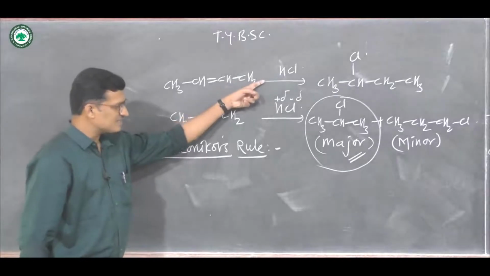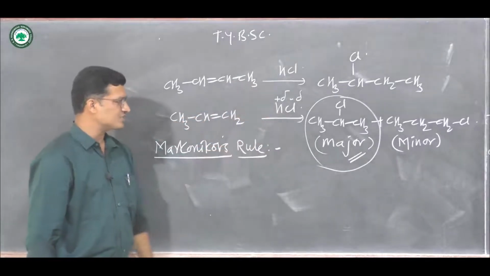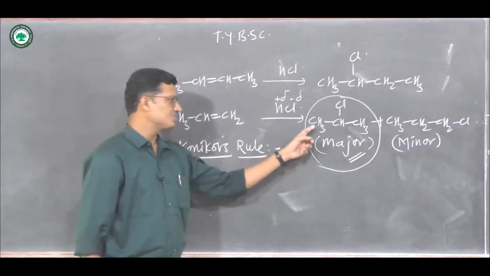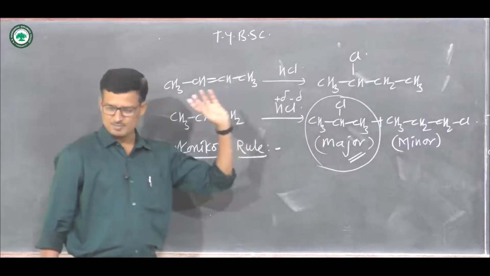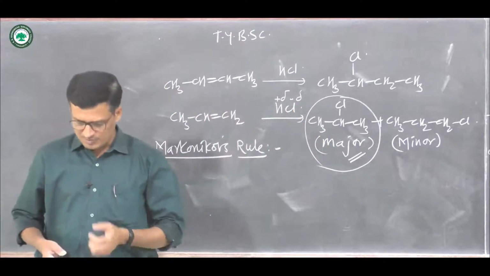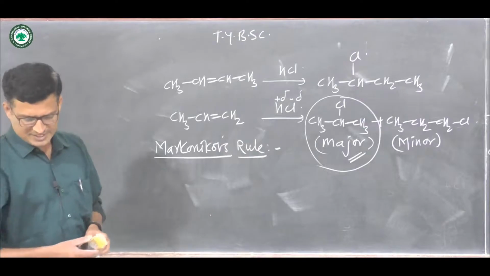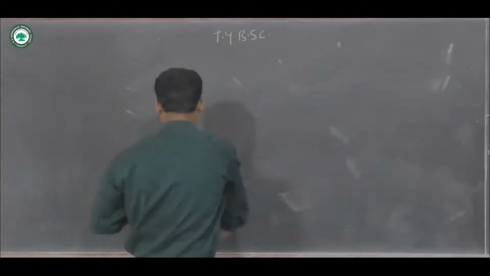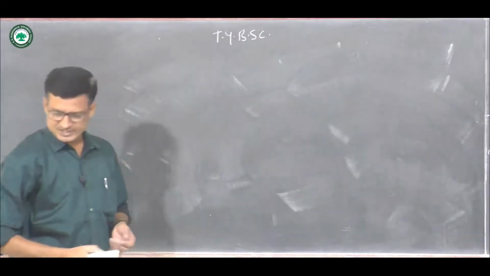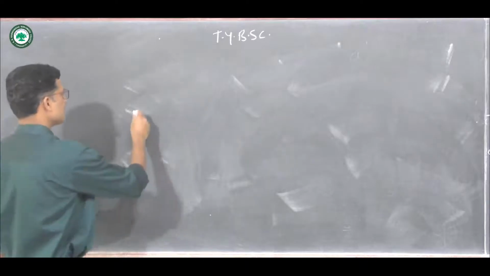The addition of HCl is according to Markovnikov addition, and that is why we get 2-chloropropane as the major product.